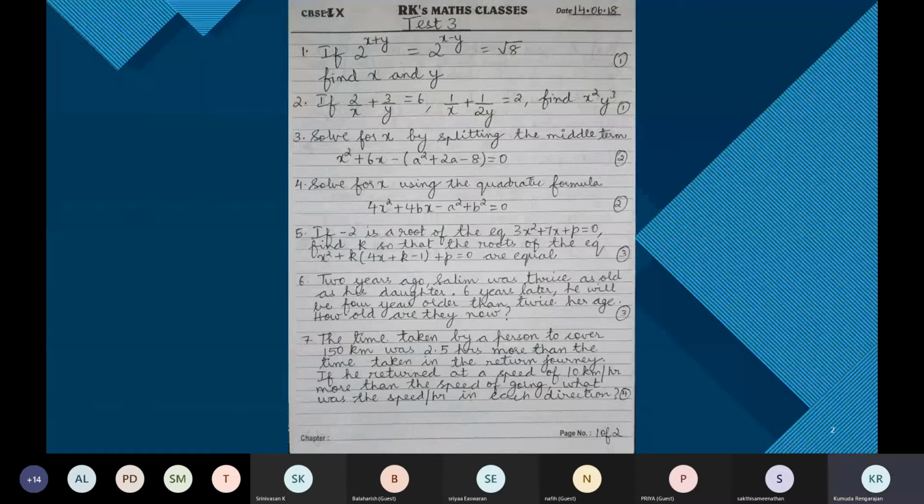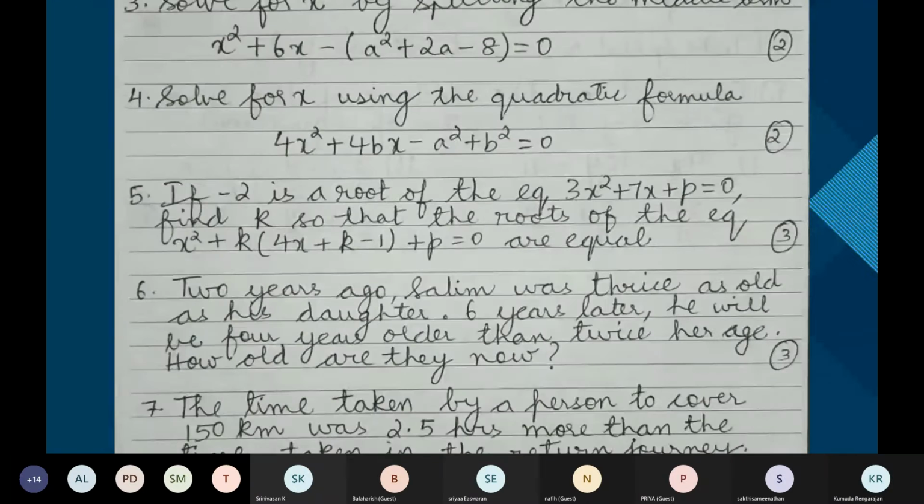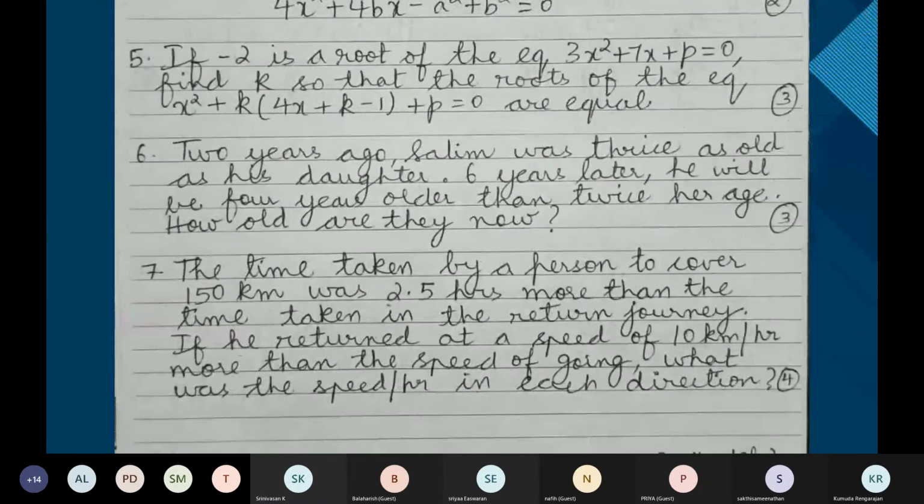Seventh one, children. Next is the 7th one. Write down the 7th question. Please write down the 7th question.